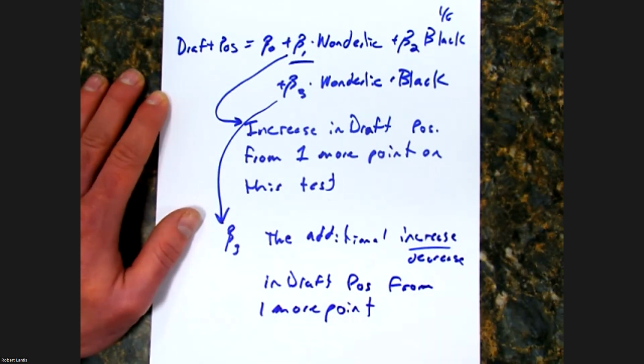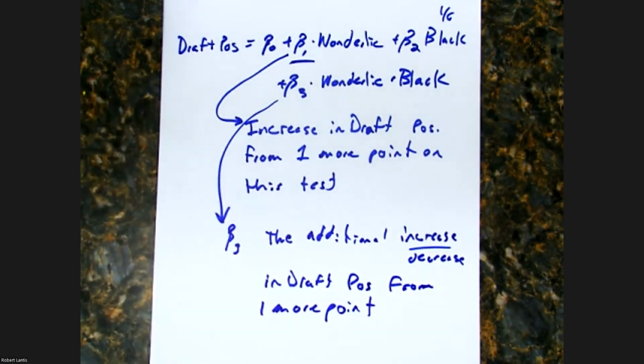So you can think about this interaction coefficient as telling you, yes, there is some effect that scoring 1 point better on the Wonderlic test has, but it might actually impact black athletes by even more. Maybe beta 3 isn't even a positive value. So that 1 more point on the Wonderlic test for a black athlete is beta 1 plus beta 3, the additional impact.